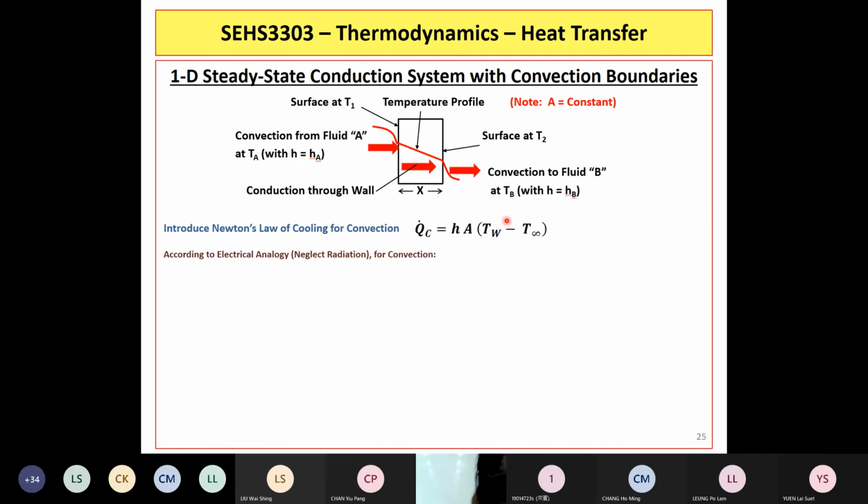So again, we'd like to use the electrical analogy to help us solve this problem, to make the calculation easier. Now we apply the electrical analogy. That is, we rearrange this equation.